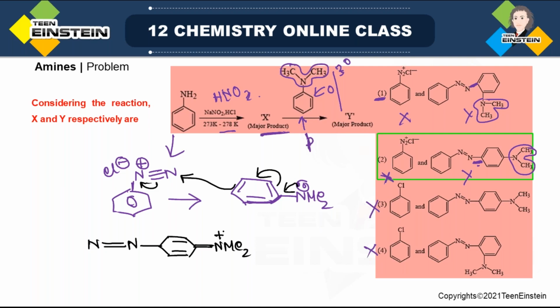The NMe2 group, as it has taken part in resonance, will be something like this, positively charged. And the other part has no change. Now what will happen? Aromaticity should be regained. So this H will be removed, that is minus H plus, and as a result, finally aromaticity in this ring will be regained. And what molecule do you get? You will end up with this molecule. So this is option 2.